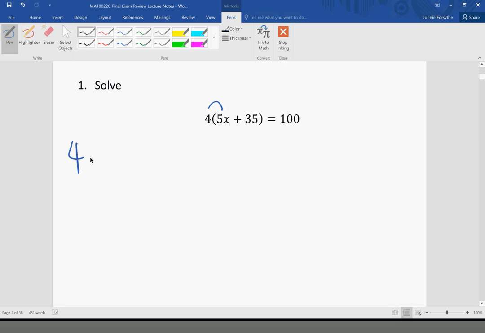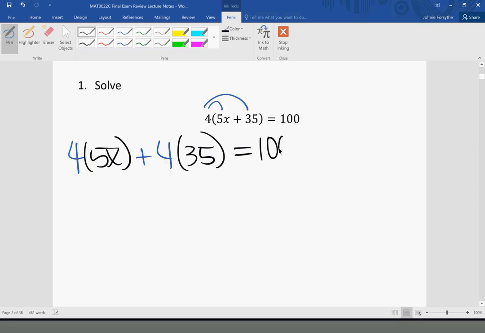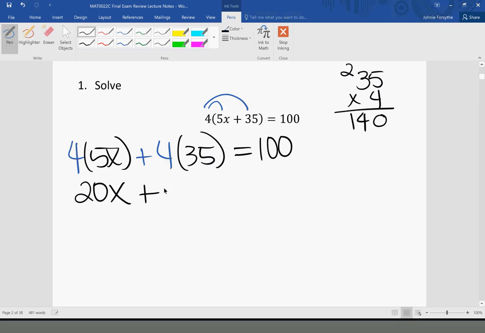So we have 4 times 5x, plus 4 times 35 equals 100. So 4 times 5x is 20x plus 4 times 35. 5 times 4 is 20, 0, carry the 2. 4 times 3 is 12, plus 2 is 14.